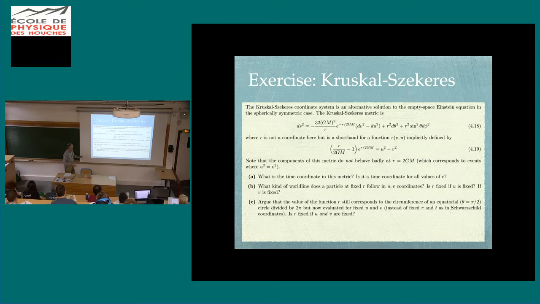And so r, this function now, as he described, is no longer a coordinate. We're not treating it as a coordinate. We're treating it as a function that depends on these coordinates, but it's still the circumferential radius because the metric says so. And you can read that right off of this part of the metric. All right? We good?